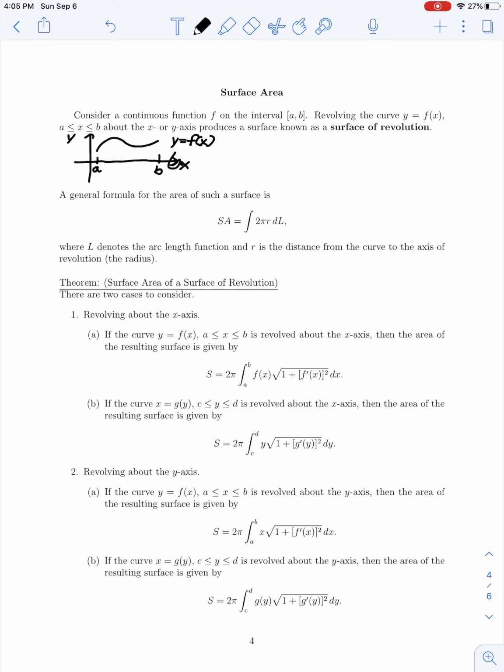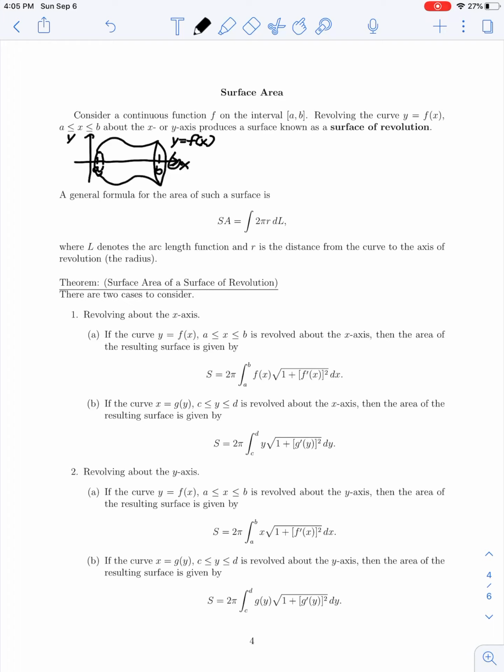So if I take a plane curve and revolve around one of my coordinate axes, I'm going to get a surface. So let's see if I can sketch the resulting surface. So revolving this, we would have a surface that looks something like this. And the question is, well, what is the area of this surface?